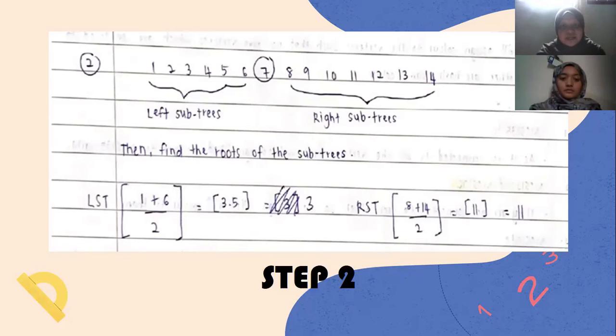Next, for the right subtree, the lowest number is 8, and for the upper number we take 14, as it is the highest number in the subtree. So we put it in the formula, 8 plus 14 divided by 2, and we get 11 for the root.